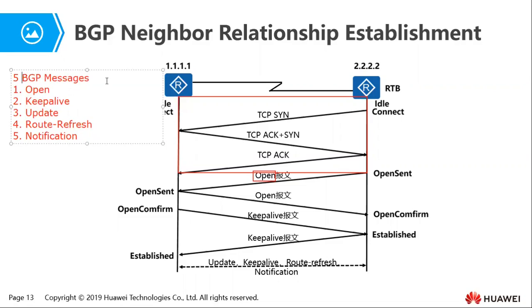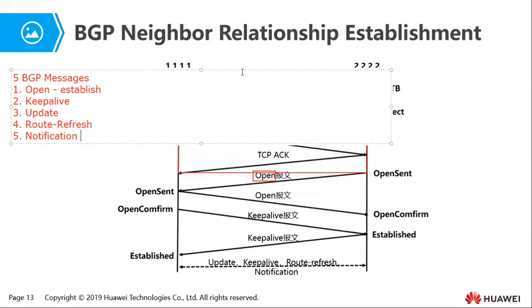So let's begin with the first one, the open message. The open message is used to establish a BGP connection between neighbors.